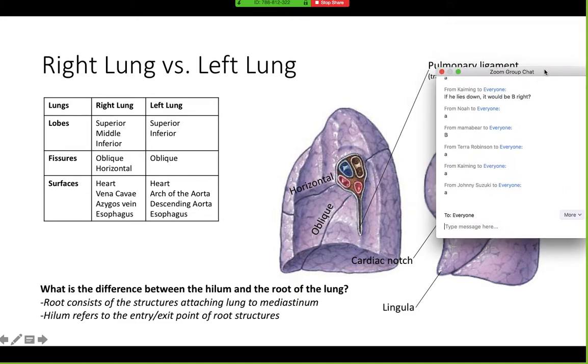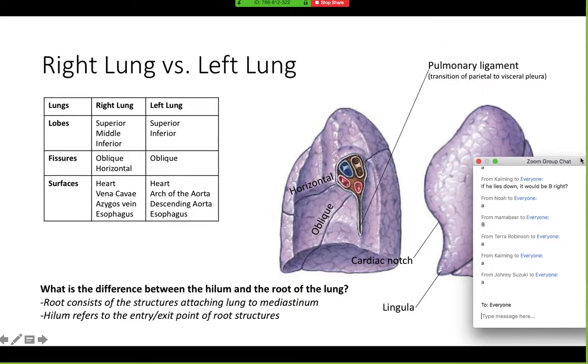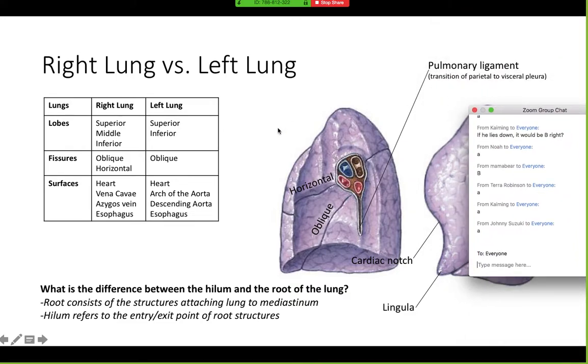Right and left lung. Okay, so this isn't too bad, I don't think. You definitely want to know all the differences between right and left lung. So, know that the right has 3 lobes, the left has 2. The right lung is going to have an oblique and a horizontal fissure.